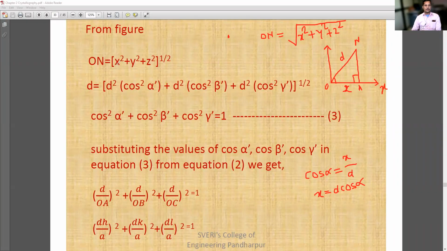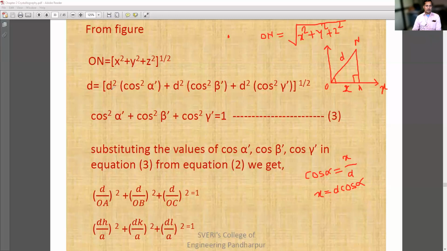Now if we come to our equation, ON is nothing but small d, then x is nothing but d cos alpha, just we have seen. So x² means d² cos² alpha dash, just the symbol changes, consider this. Then y² is nothing but d² cos² beta dash, z² is nothing but d² cos² gamma dash, raised to half as it is.